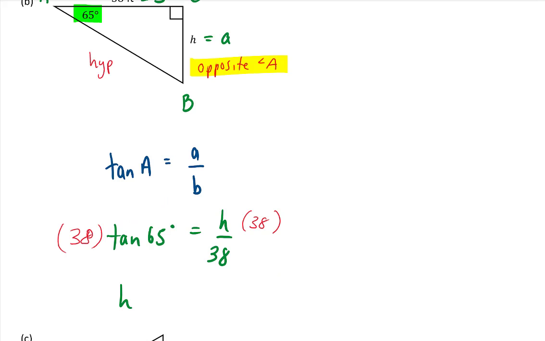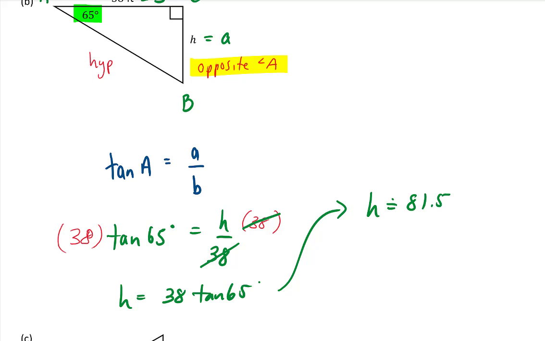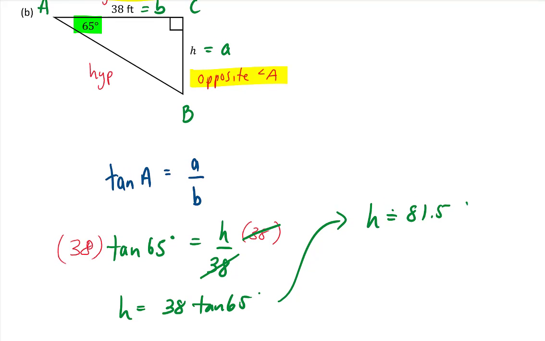And that gives us that h is equal to 38 tan of 65, because this 38 is gone. 38 divided by 38 is 1. And using our calculator again, we do 38 tan of 65, and we end up with 81.5. So therefore, h is approximately equal to 81.5, and our units in this example are feet.